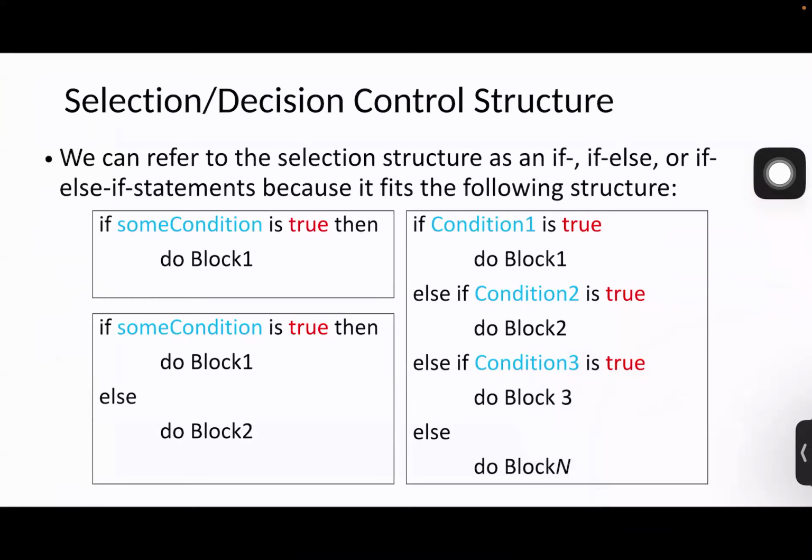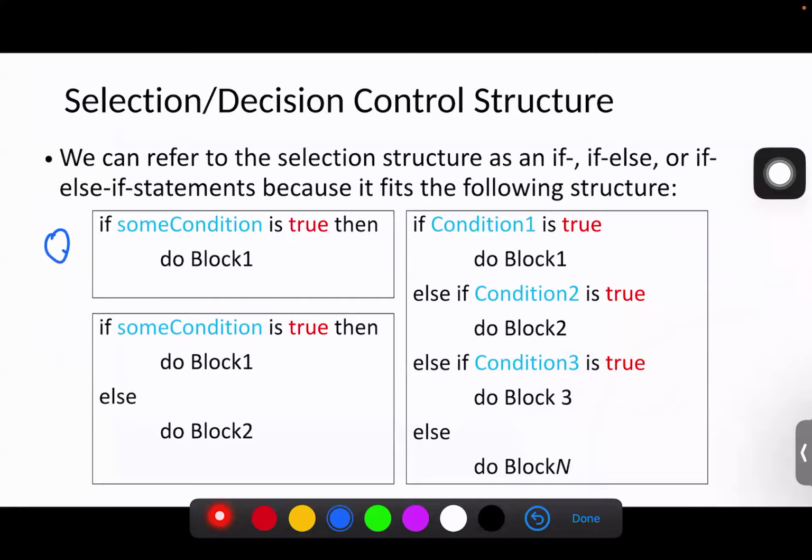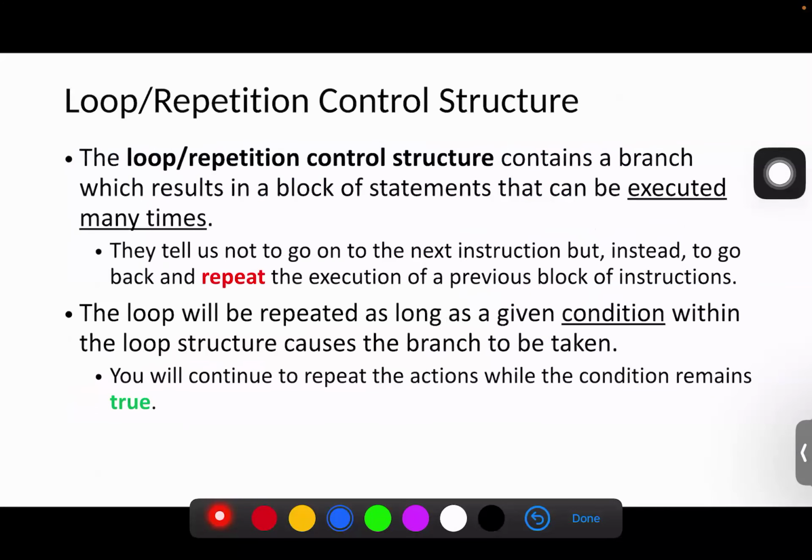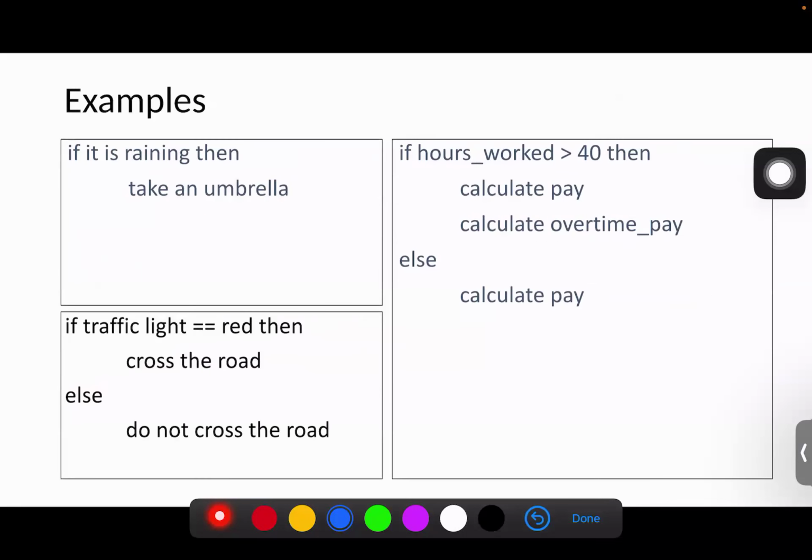Okay, so I just wanted you to see how different the three of them are. The first one was 1, the second one was 2, and the third one is what we saw later on. Now, here are some simple examples. We can use a single if statement when we are asking a question, for example, if it is raining.